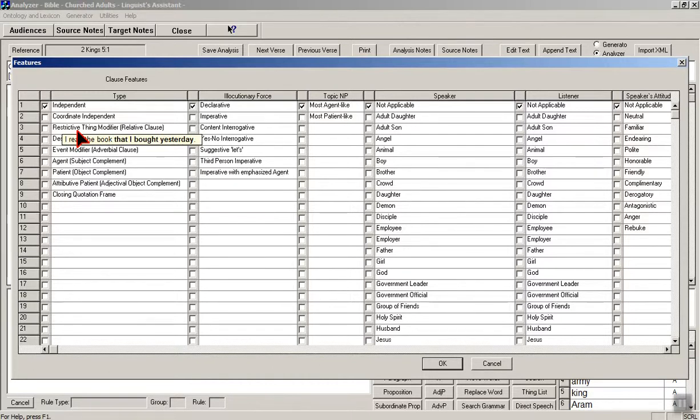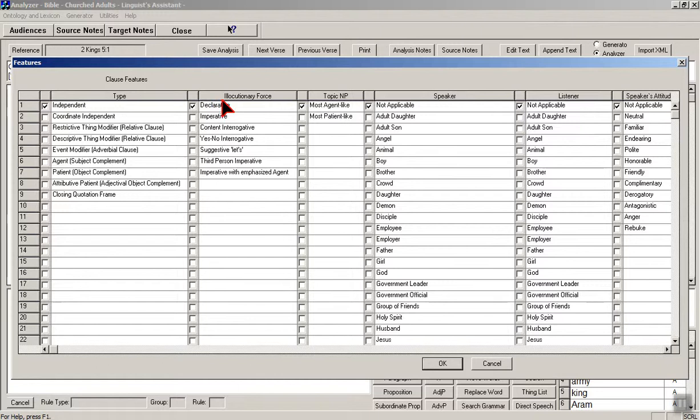Who was from Syria would be a restrictive clause, telling which man you're talking about. Or like an event modifier that would be when Paul left the house, Paul saw Mary. Well, when he left the house is an event modifier, modifying the seeing Mary.